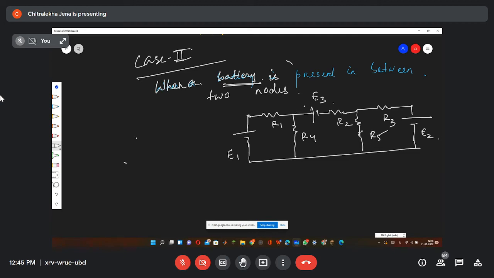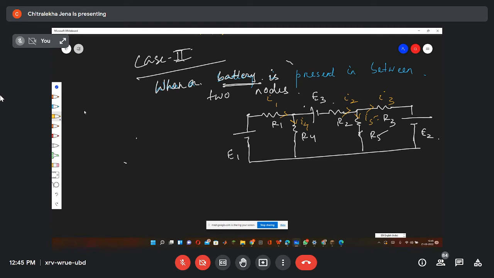So how will you write it down using Kirchhoff's law? I have assigned the direction of the current in each branch. I1, this one is I2, this one is I3, this one is I4, this one is I5. So here, what will be your equation? Same equation?